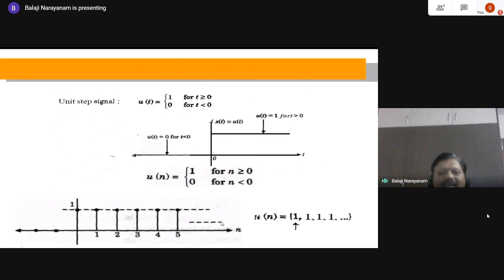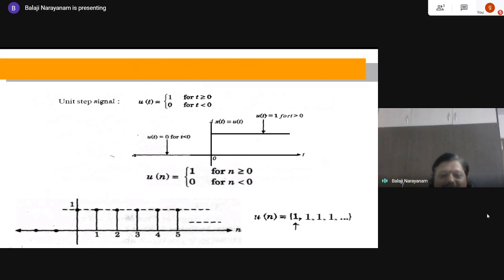And now here is again the plot of the unit step signal for a continuous signal and a discrete sequence. On the bottom, you will observe an equation on the plot which I am highlighting now. u of n is a discrete step signal, whereas this is a continuous one. This is a discrete sequence, and it is defined as u of n is equal to 1 for all n greater than or equal to 0, and it is 0 for all n less than 0.